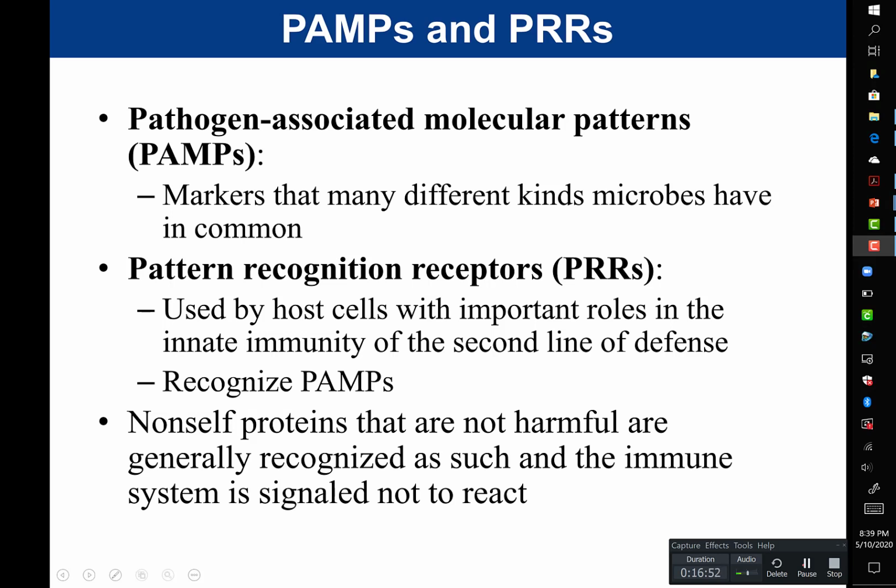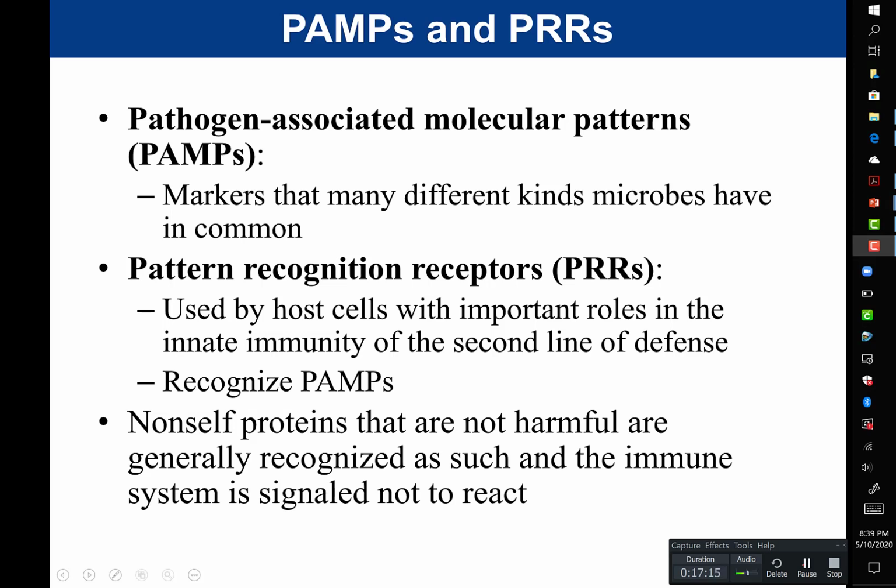Non-self proteins that are not harmful are generally recognized as such, and the immune system is signaled not to react. Because you have to think about, you have normal flora, normal microbiota. You have plenty of bacteria associated with your body. Is your immune system constantly attacking all of that bacteria that's found in your body?